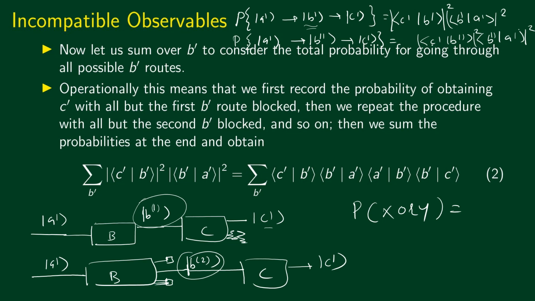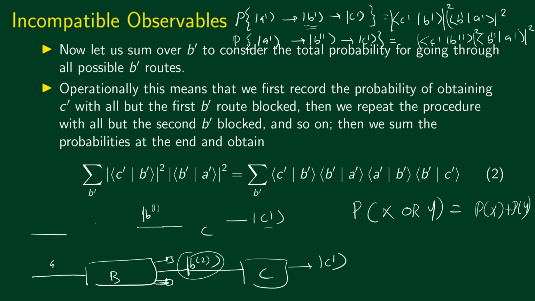The probability for X or Y is equal to P of X plus P of Y. So we are asking the following question: what's the probability that you reach ket C prime through ket B1 or through ket B2 or through ket B3, etc.? This is the question that we are asking. So you have to take each of these probabilities and add them to get the total probability. I hope this is sufficiently clear.